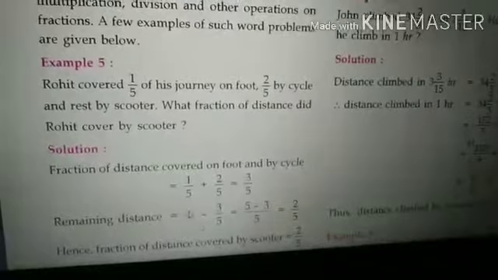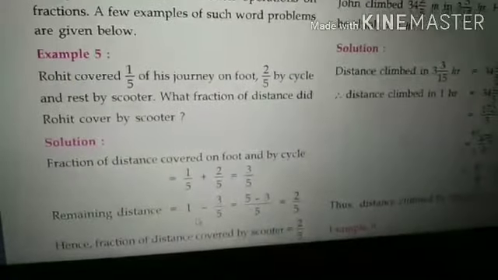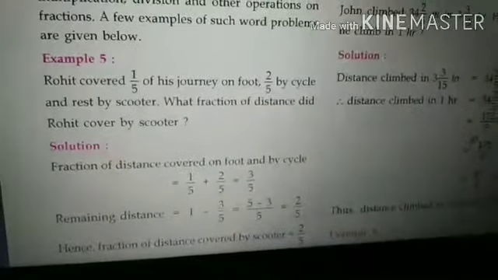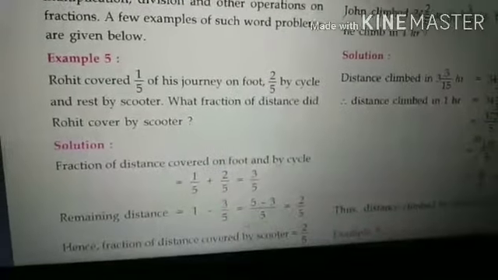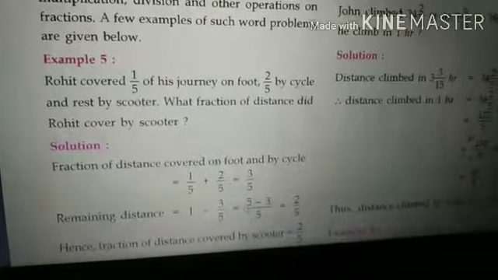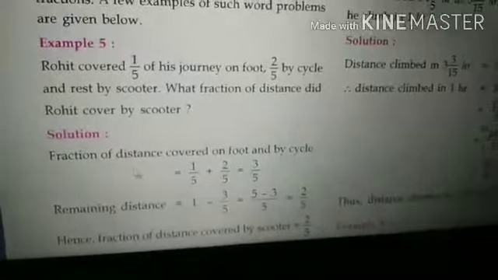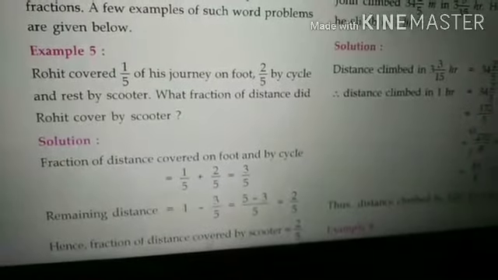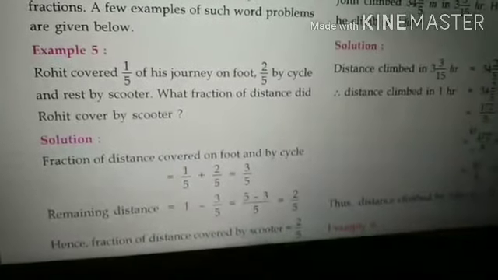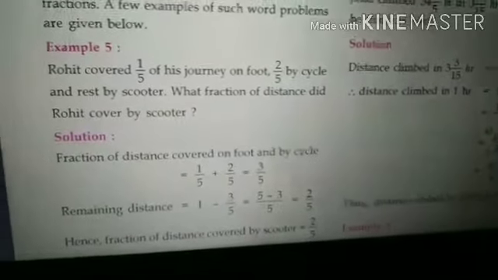We can write instead of 1, 5 upon 5, and the LCM is 5. So here will come 5, 5 minus 3 is 2, so 2 upon 5. Hence, the fraction of distance covered by scooter is 2/5.